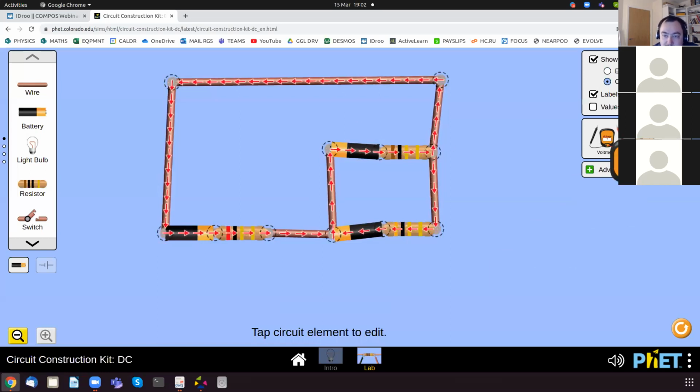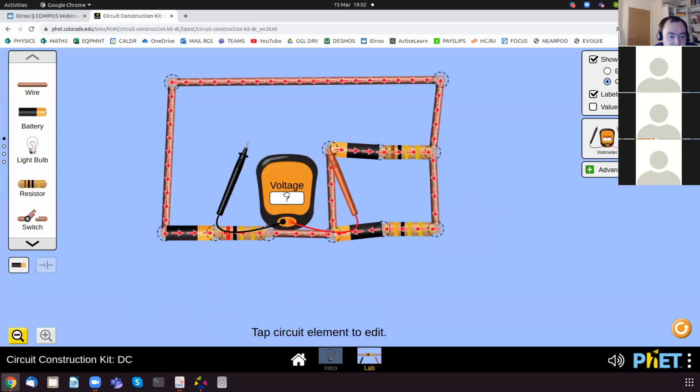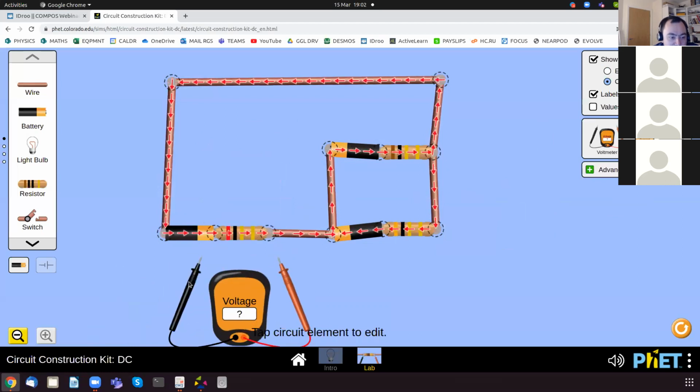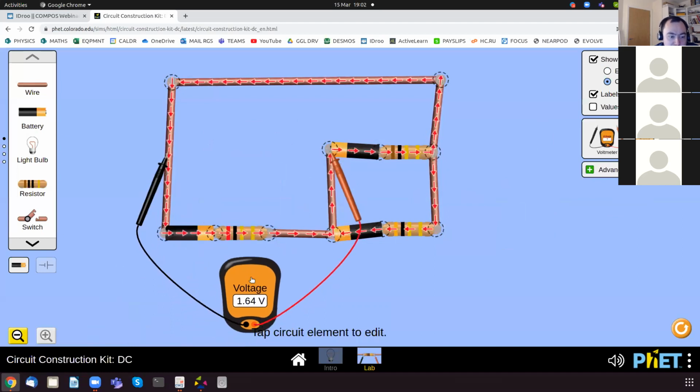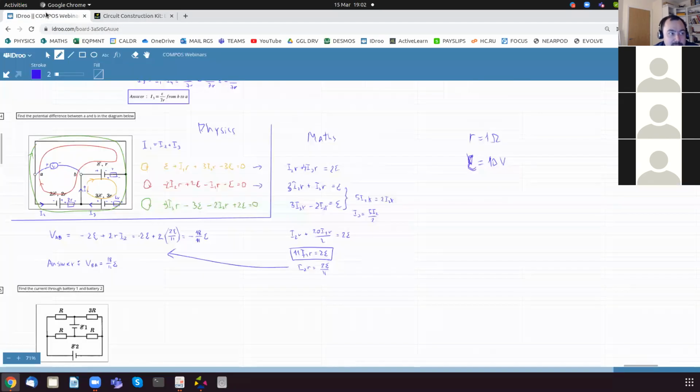and then what we can do is just take a voltmeter and see what we have here. 1.64 volts. Interesting. So EMF is 1, as you can see.